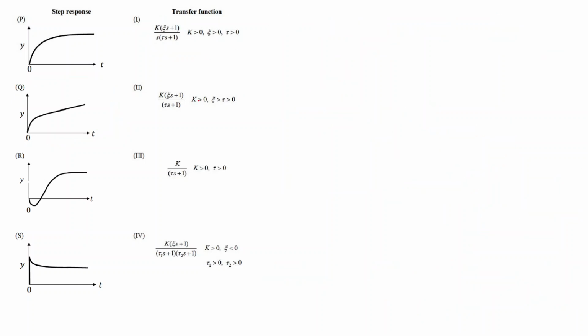Similarly, let us do it for the second transfer function. For the second transfer function, the response will be 1 upon s times k (zeta s plus 1) upon (tau s plus 1).